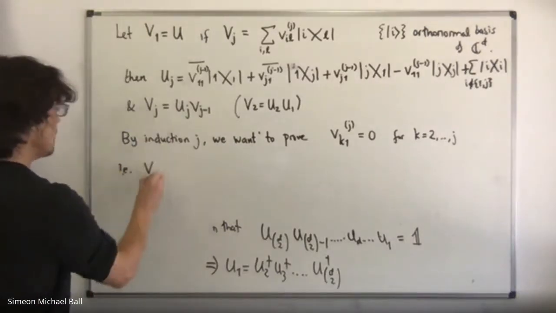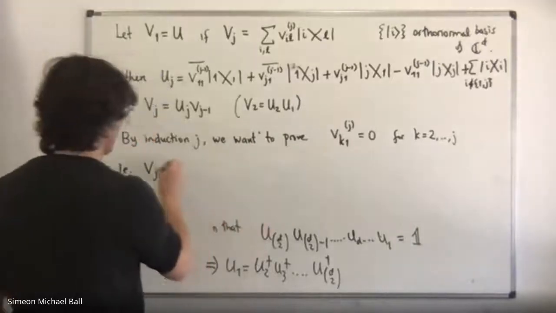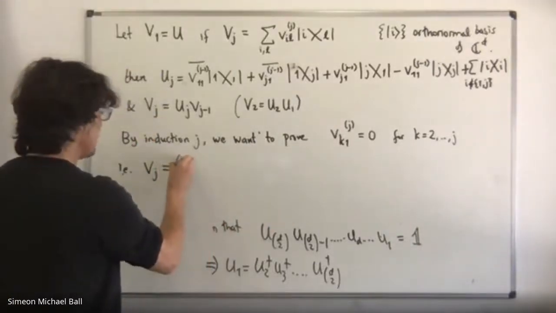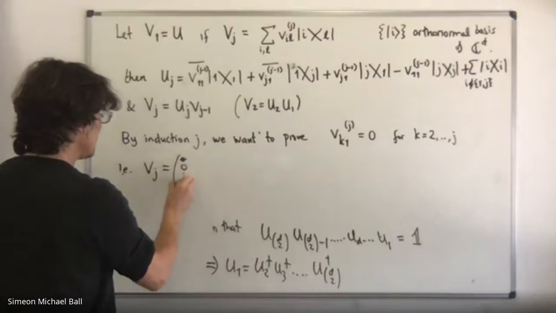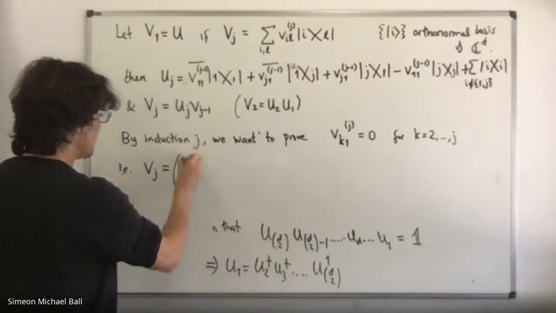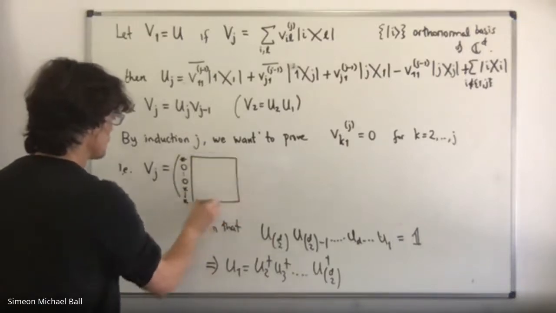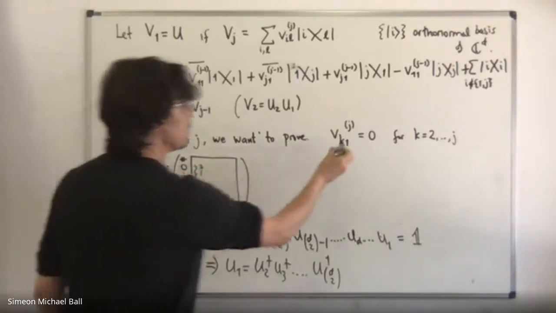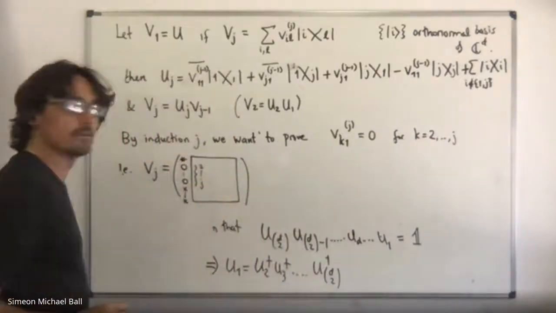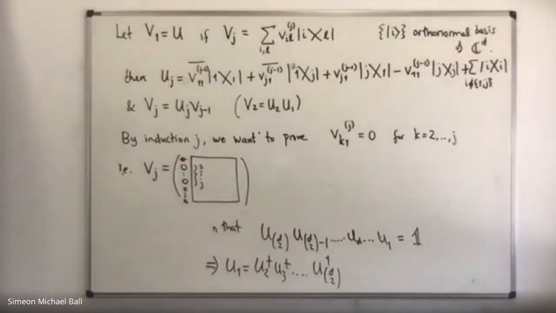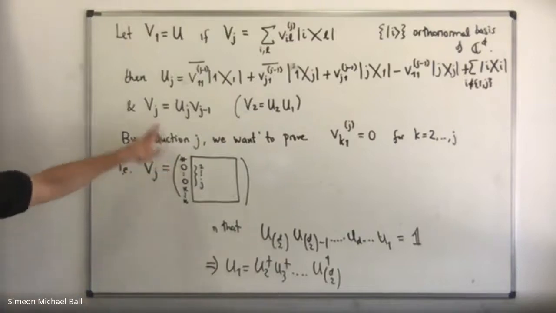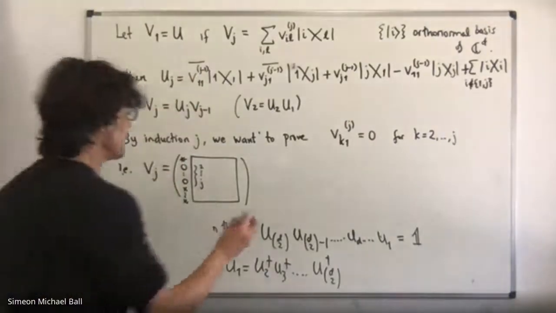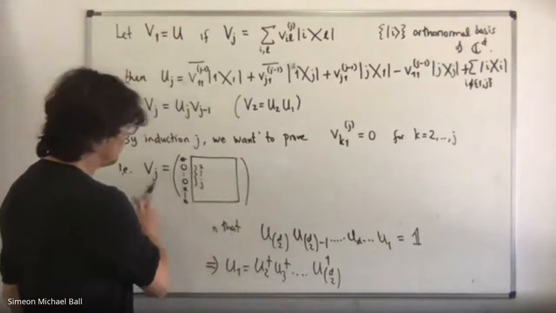this Vj in the first column has something here, and then zeros, and then something down here, and then a little bit of matrix. So this is going from 2 up until J. We just want to prove that, defining things like this, you get zeros here, and that's not going to be too hard to show.